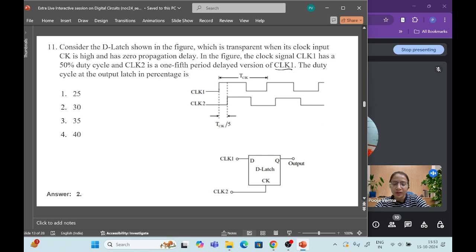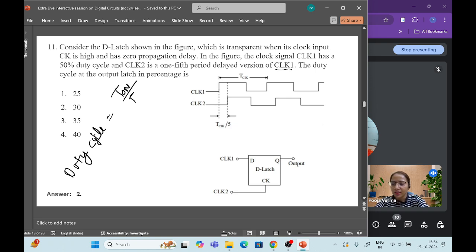Here it is asked: what is the duty cycle at the output of the latch, in percentage? What will be the duty cycle at the output latch? The duty cycle of a waveform we can find out by duty cycle equal to T on divided by T. Already we know that.